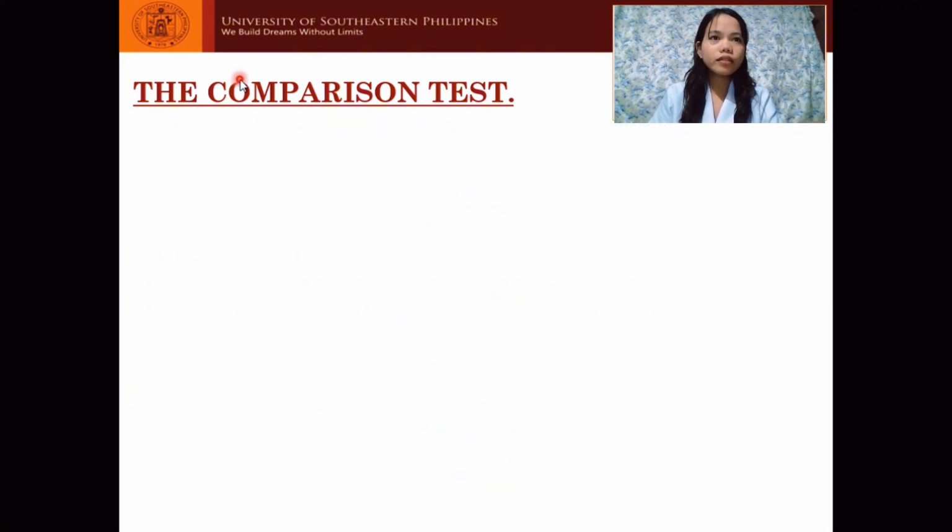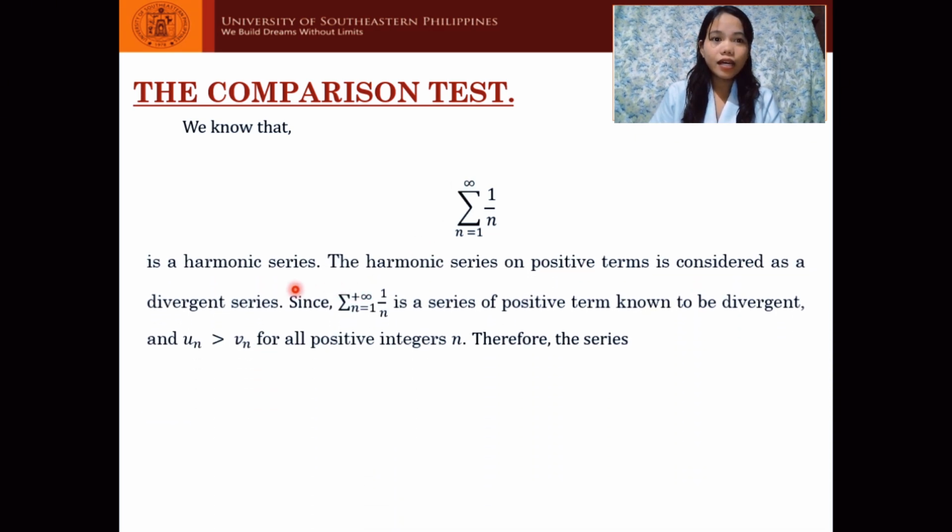So by this one, we know that the summation of 1 over n ranges from 1 to positive infinity is a harmonic series. We already know that a harmonic series of positive terms is a divergent series.